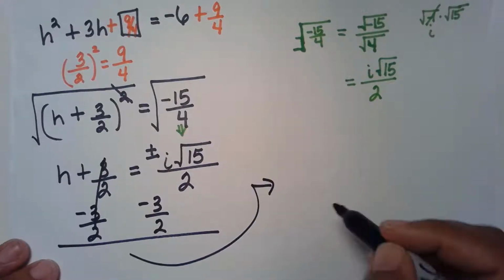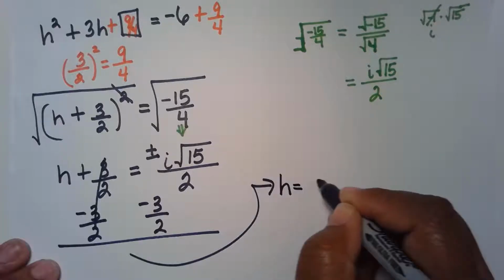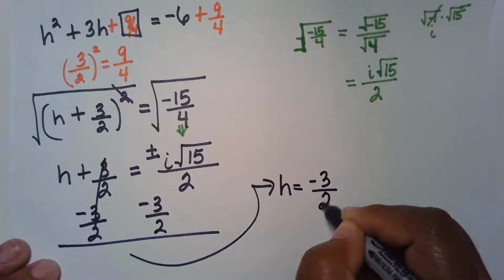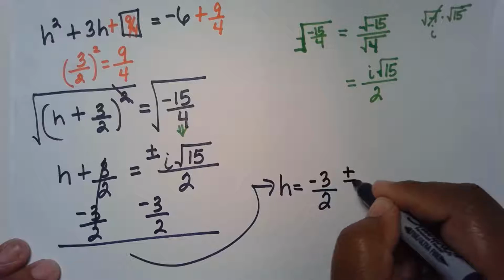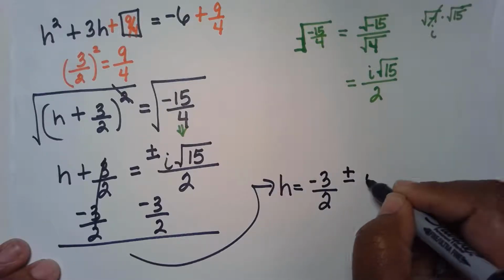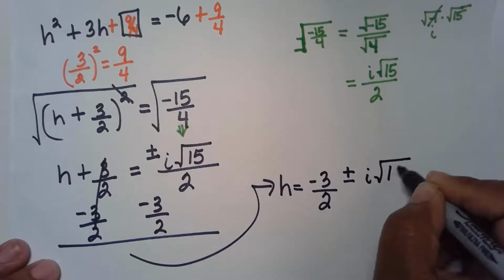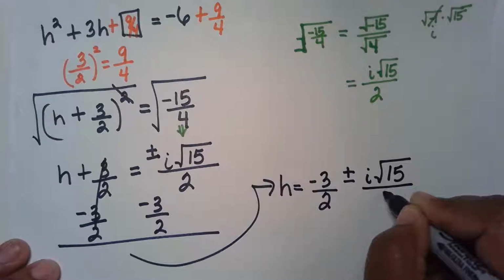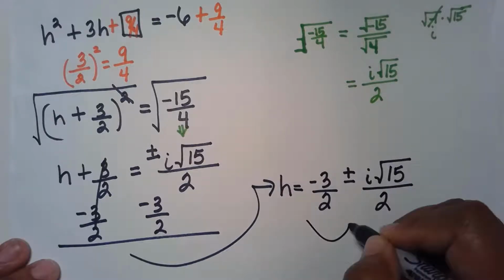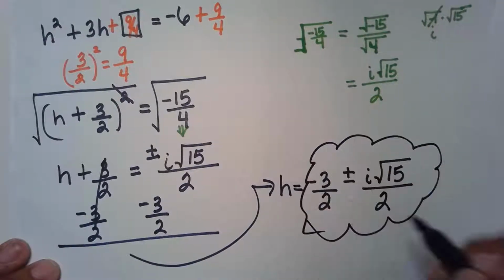And our solution is h is equal to negative 3 over 2 plus or minus i times the square root of 15 all over 2. There we go.